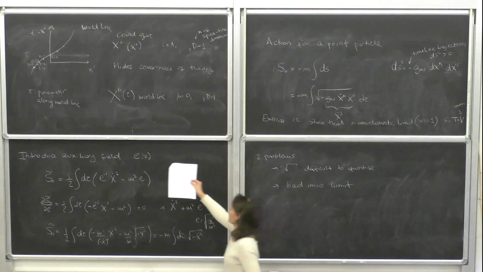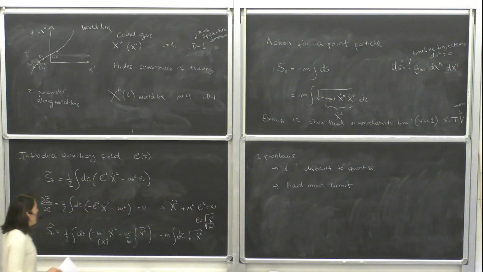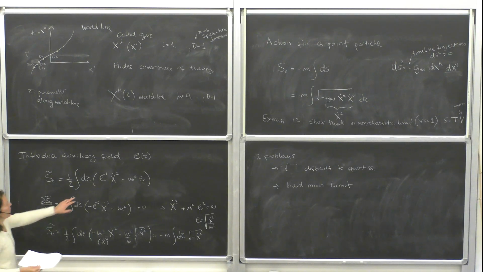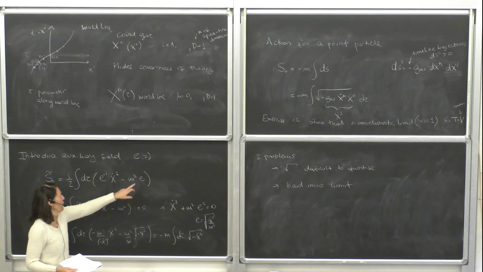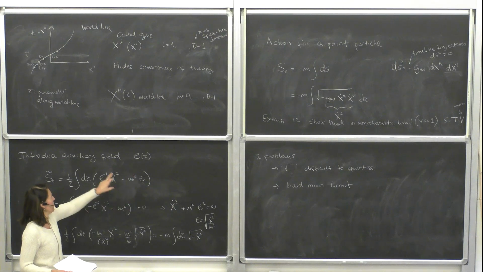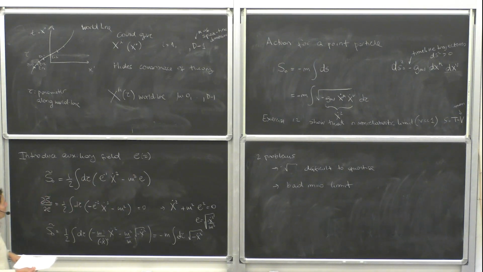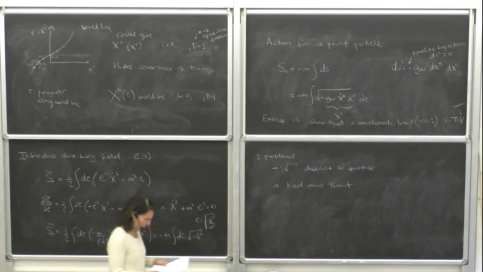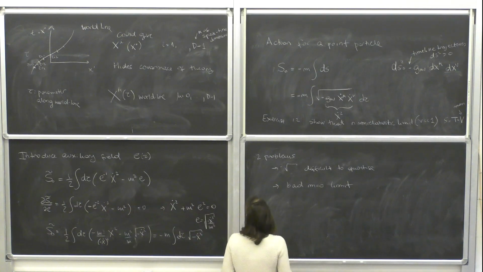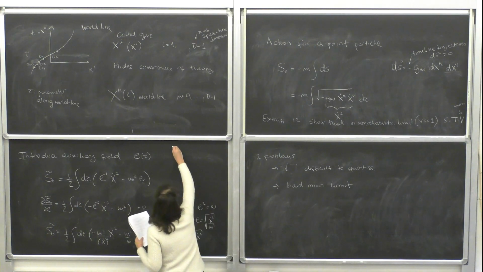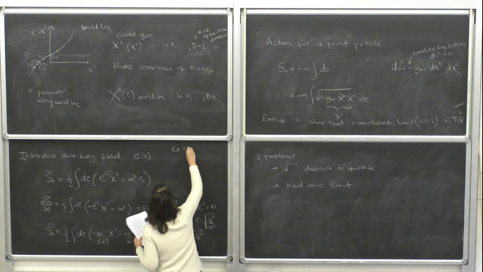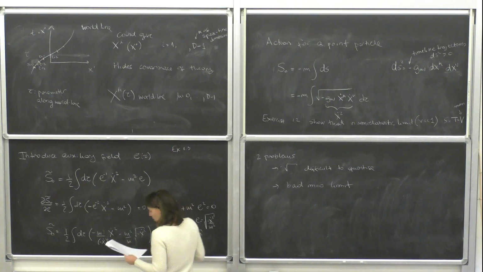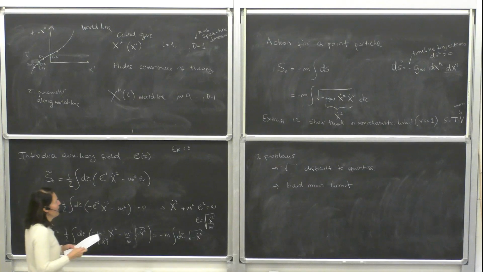So by introducing this auxiliary field, I got rid of the square root. And now this has a good m equals 0 limit. There is an exercise to convince yourself. I will send you the exercises so that you don't get bored while having lunch.